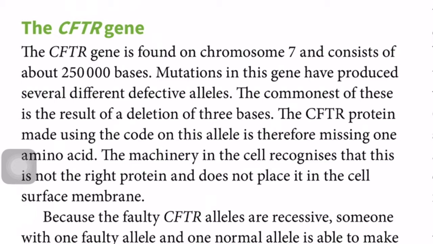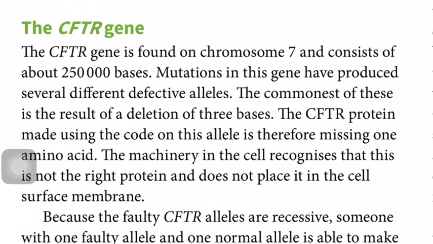The CFTR protein made using the code on this allele is therefore missing one amino acid. The machinery in the cells recognizes that this is not the right protein and does not place it in the cell surface membrane.